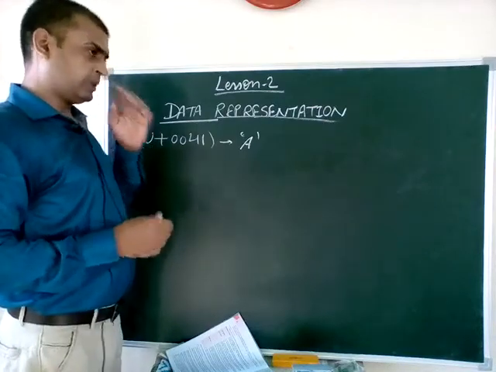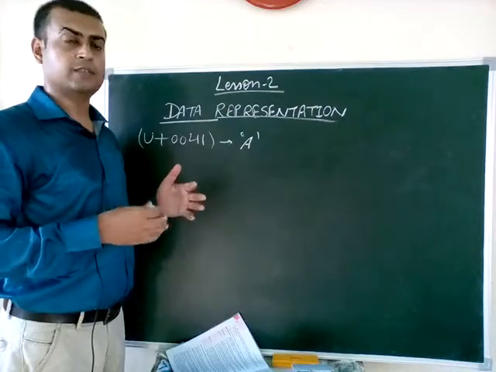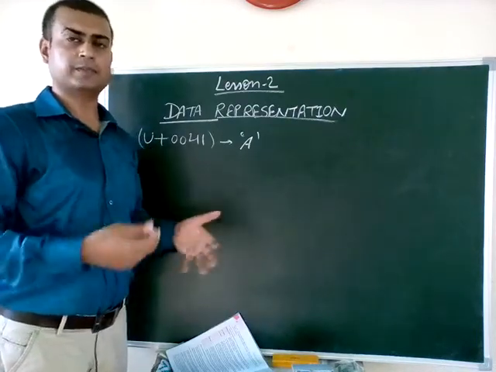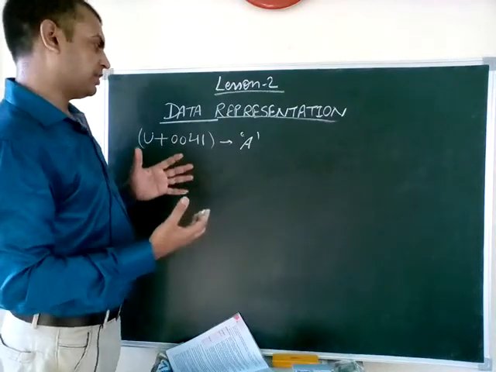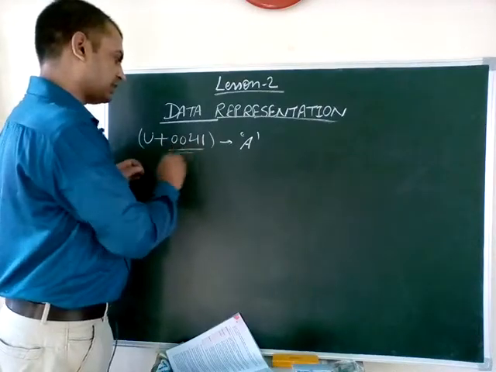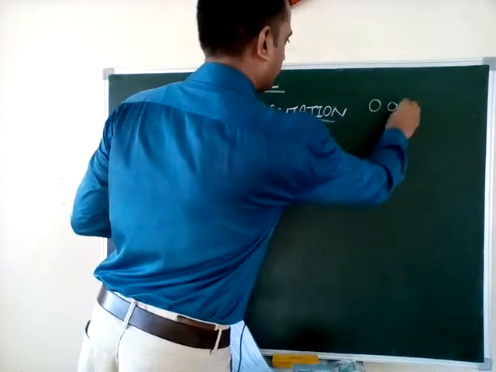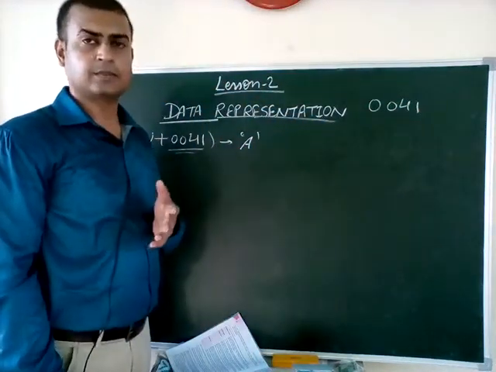It is our duty to check in which octet it will be represented. You will take only this 0041. You must know this is the hexadecimal part.